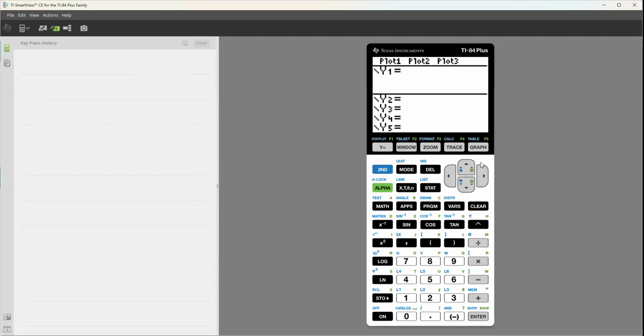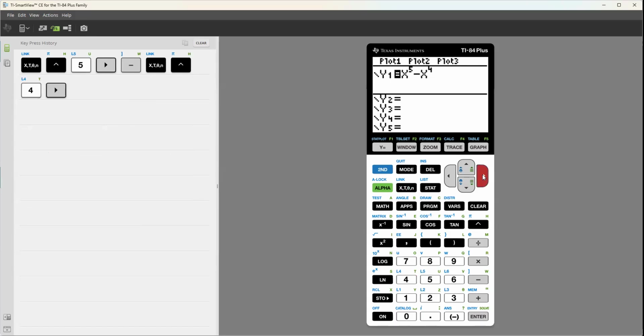So they gave me x to the 5th. So x exponent 5, arrow down, minus x exponent 4, arrow down, plus x squared, plus 6.